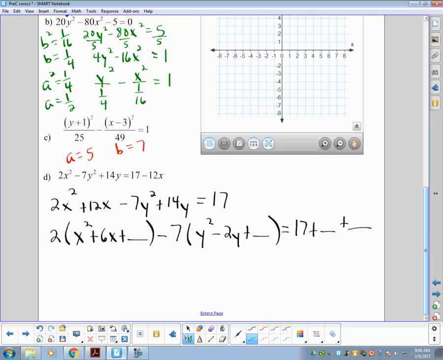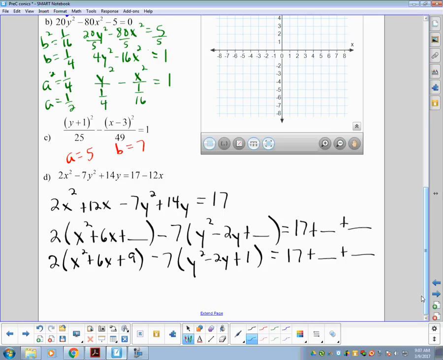So now I'm ready to complete the square after factoring out that coefficient. So here I have 2 times x squared plus 6x plus 9, minus 7 times y squared minus 2y plus 1, equals 17 plus, now I'm not adding 9 and 1, I'm actually adding 2 times 9, or 18, and negative 7 times 1 is negative 7.